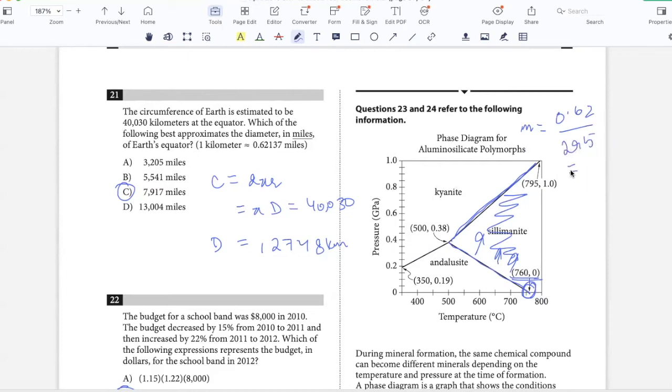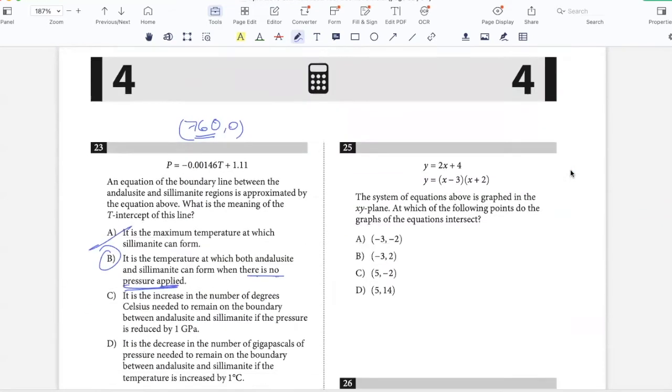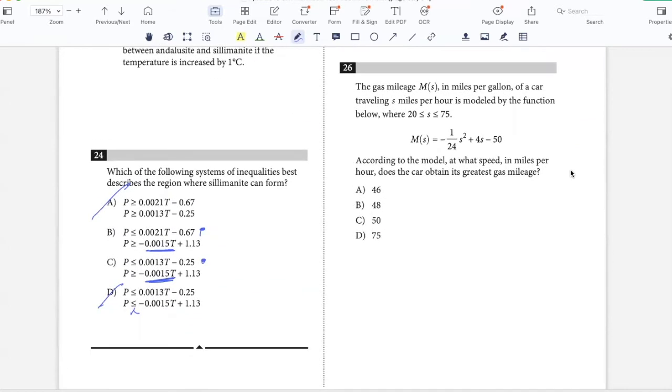So slope is 0.62 divided by 295. So that's 0.0021. So my inequality should have less than 0.0021 t, right? So B is the answer.